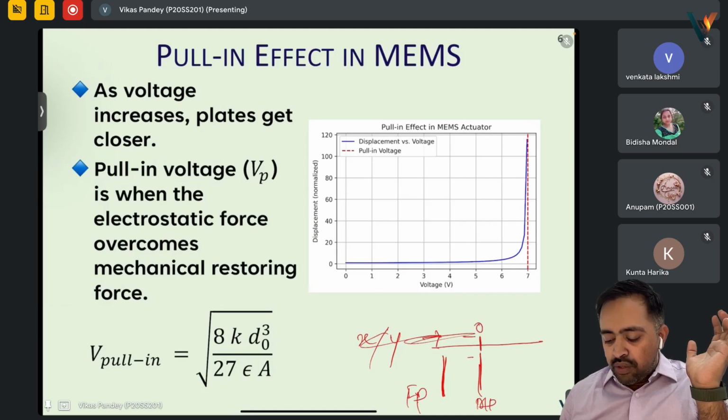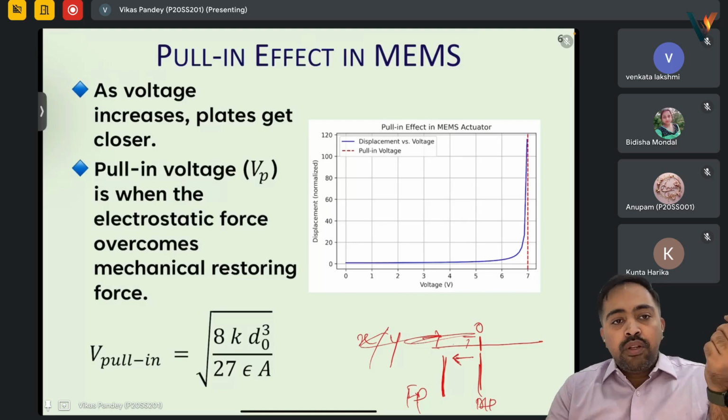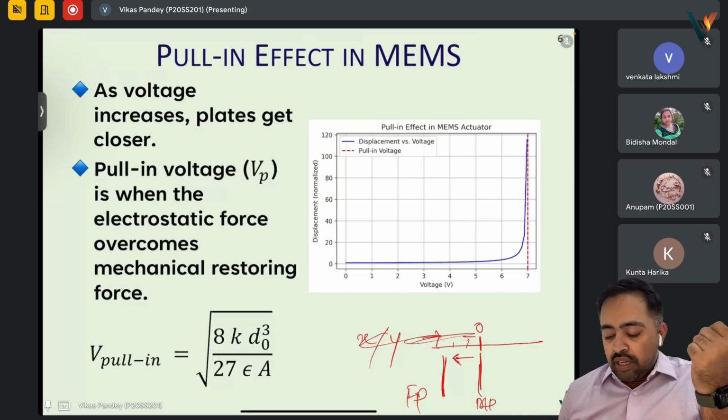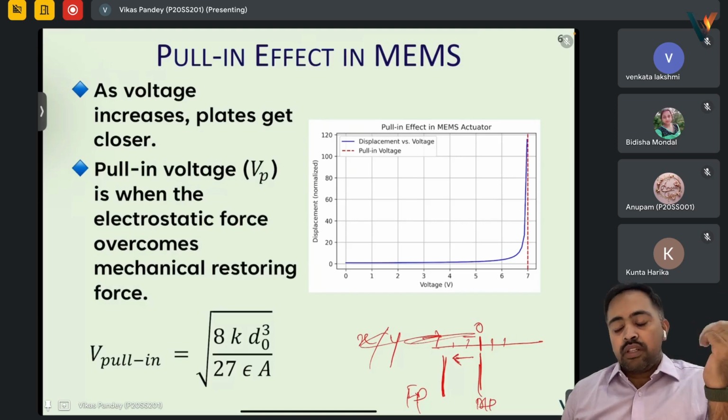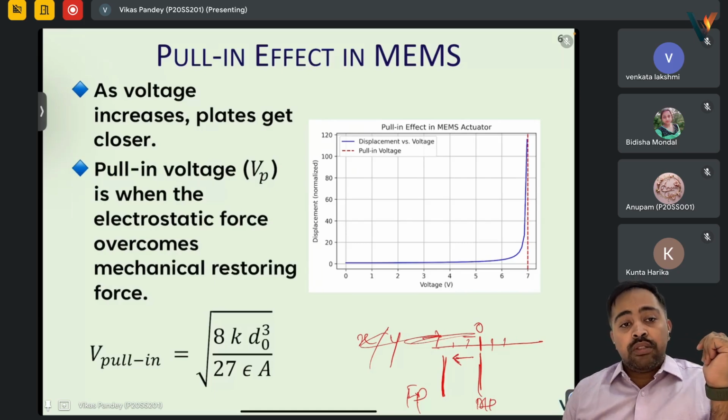When we want to make it closer, that is in the negative direction, we increase the voltage, and when we want to make it farther away, we put some lower voltage or negative voltage. So what will be the pull-in voltage?